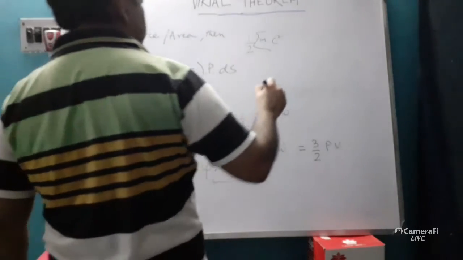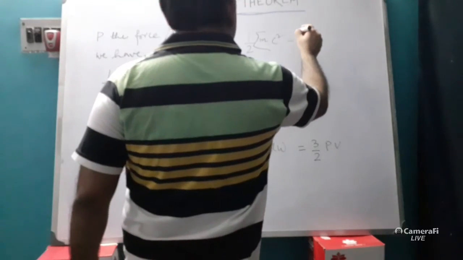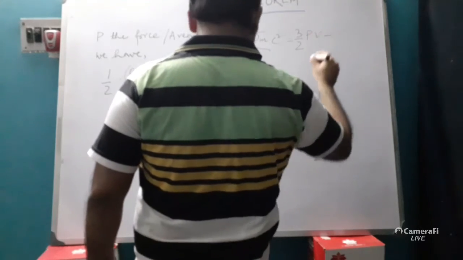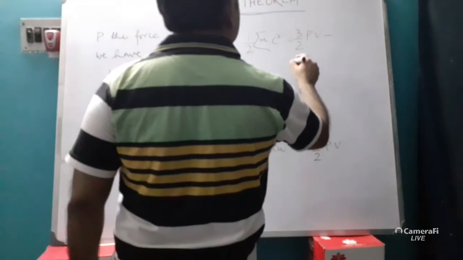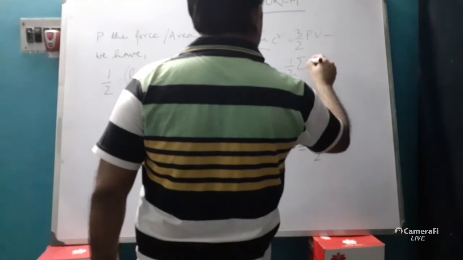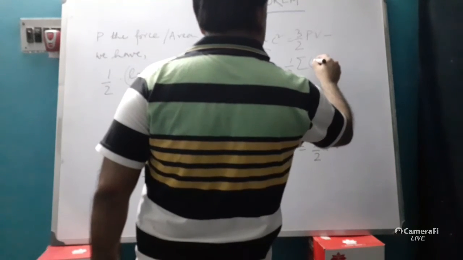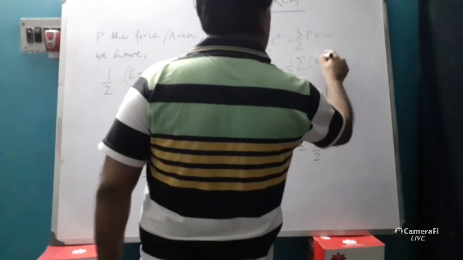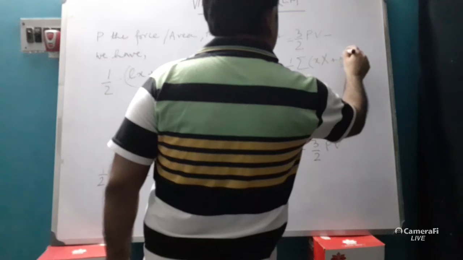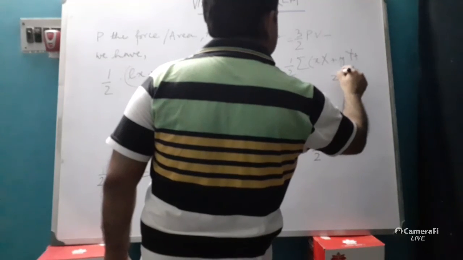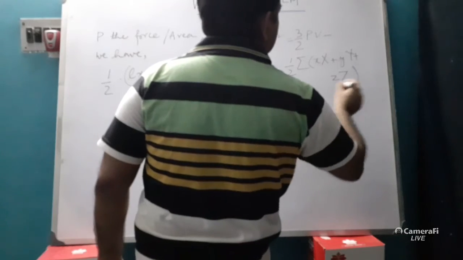Half mc square is equal to 3 by 2 PV minus, and this phi can be replaced as half into the potential energy of the system, which is small x capital X plus small y capital Y plus small z capital Z.